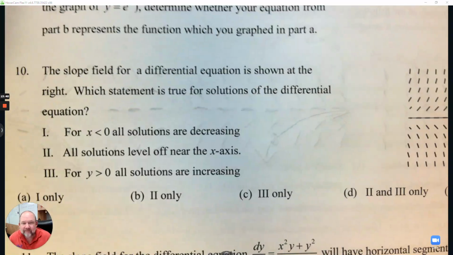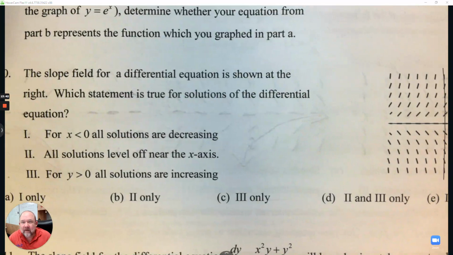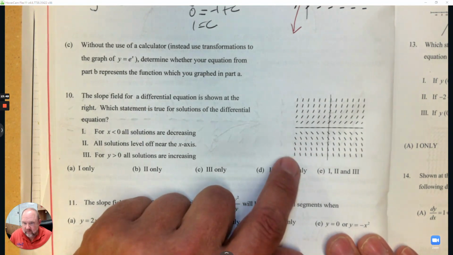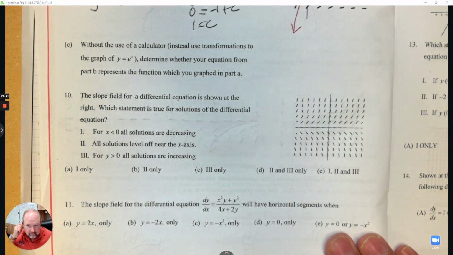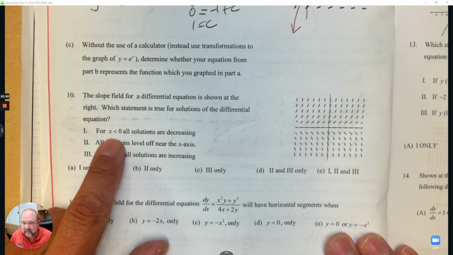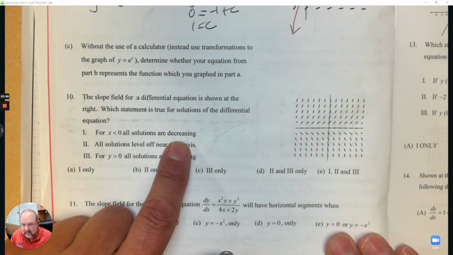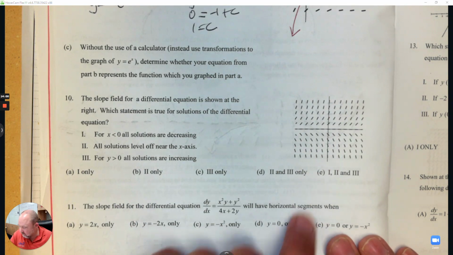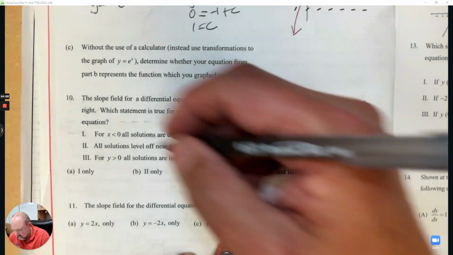So multiple choice. The slope field on the right, let me see if I can expand this just a little. Okay, the slope field is here. It's showing what statement is true for the solutions for the different equations. So when x is less than 0, all the solutions are decreasing. So when x is less, I see increasing and decreasing. So I think that one's wrong.